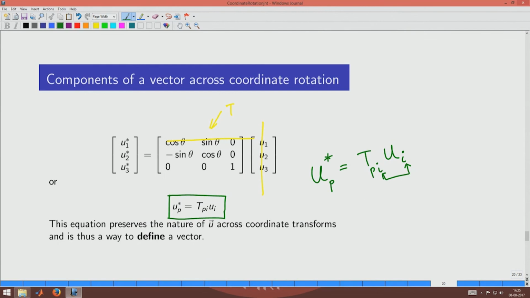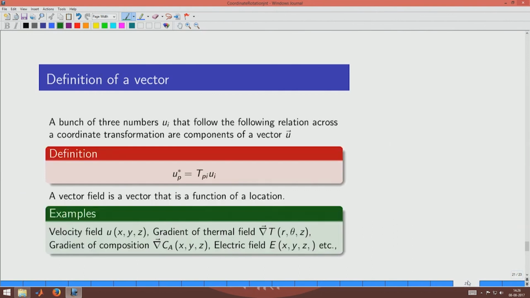In fact, later on we will see that it is this expression that will be used to define what can be called a vector at all. A vector is one which transforms in such a way that its components change in this manner whenever the coordinate system changes. So, we use that as the definition of a vector.